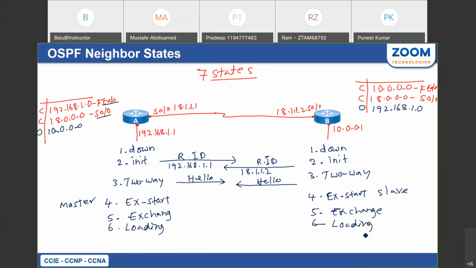Now A's routing table and B's routing table both have the same information, right? So this state we call the full state. The seventh state is full. So these are the OSPF states: down, init, two-way, exstart, exchange, loading, and full.